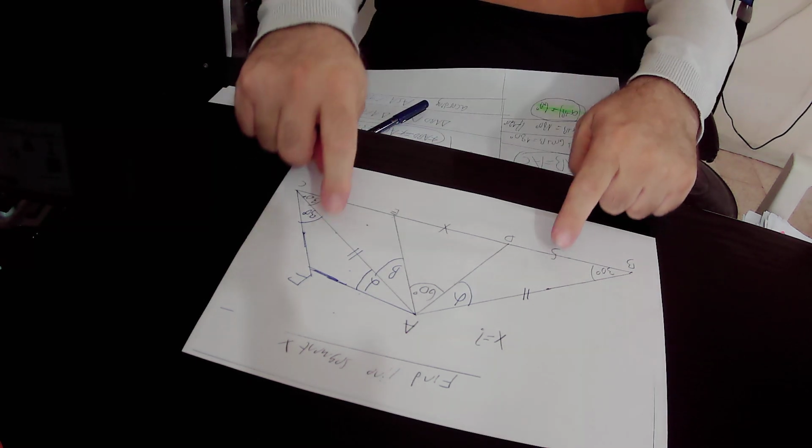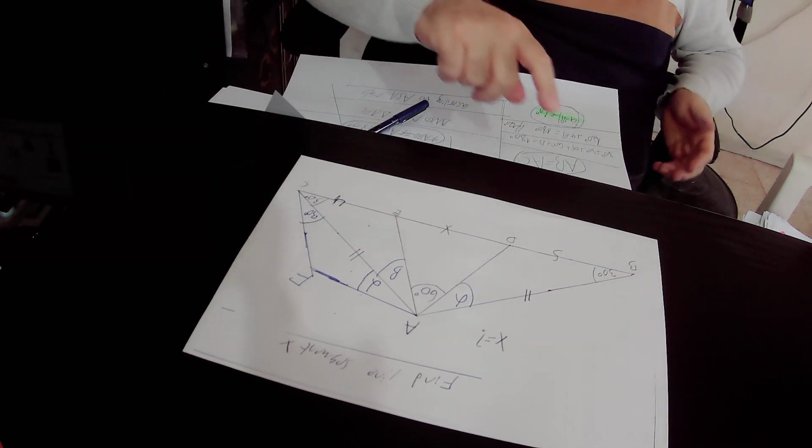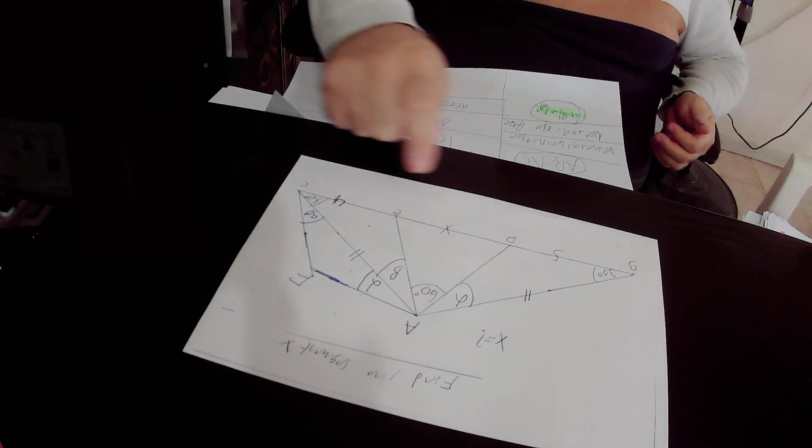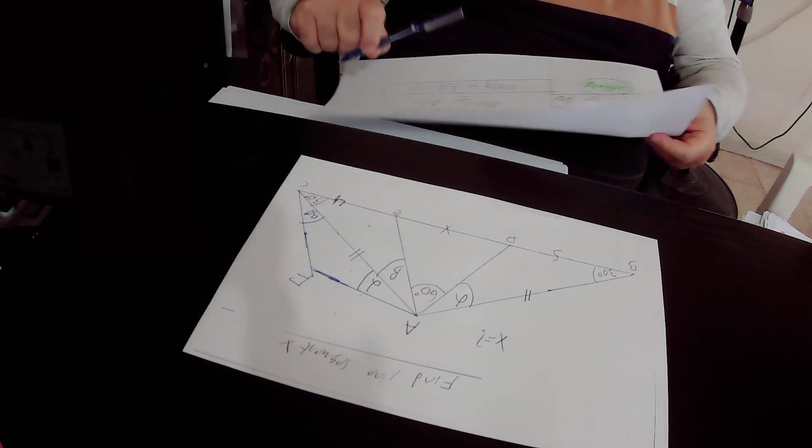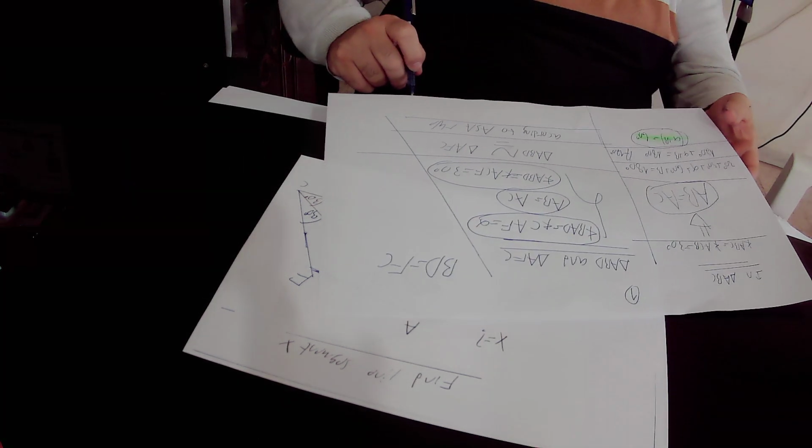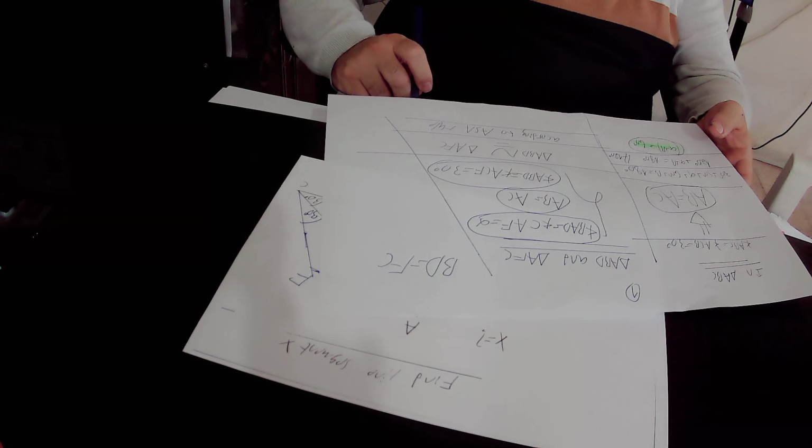Those two triangles are congruent, therefore the two corresponding sides, that is to say BD and FC, will be equal to each other. Okay, BD equals FC.